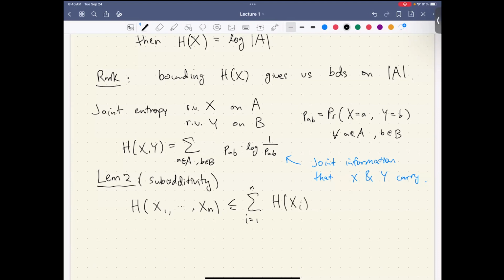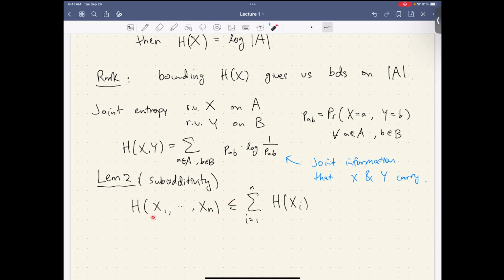This also makes sense if you think about it, because roughly speaking, if these random variables have nothing to do with each other, they are independent, then after knowing one, the information that x2 carries is a new set of information. Then equality holds, right? It equals the sum of them.